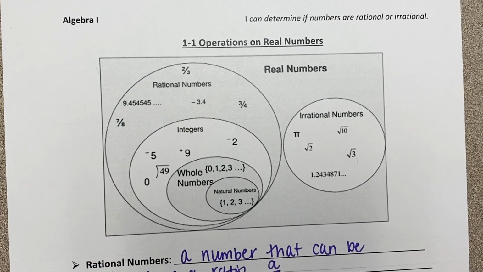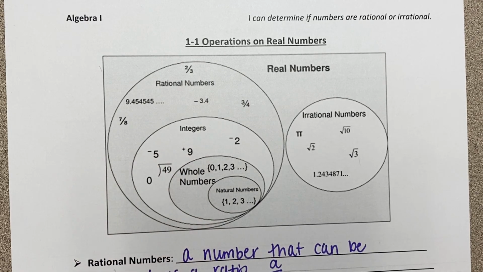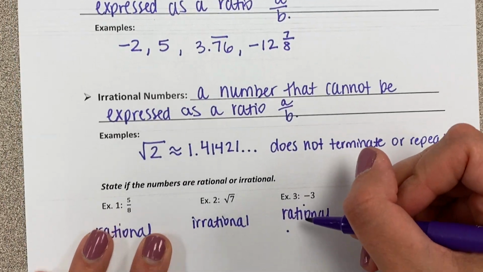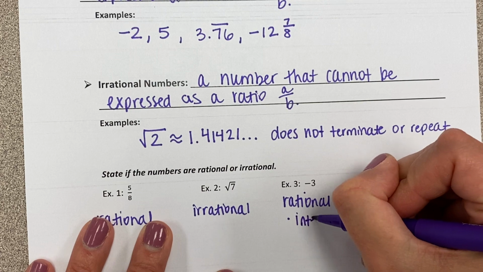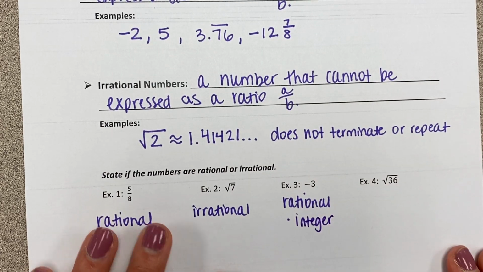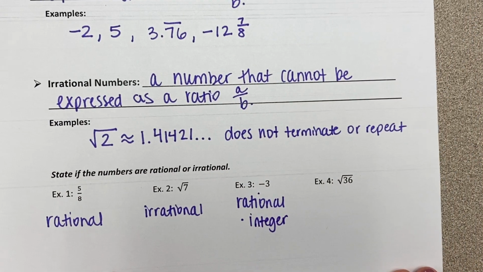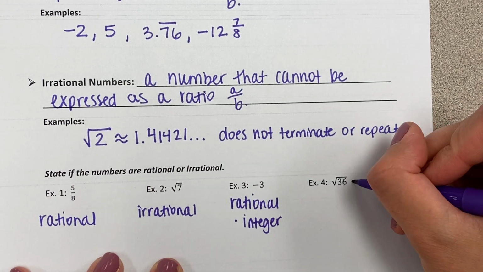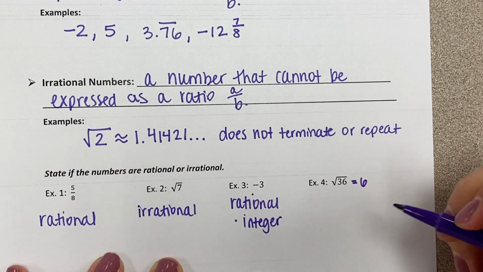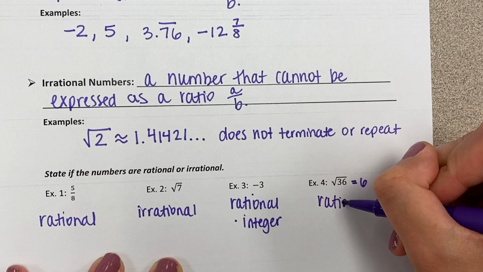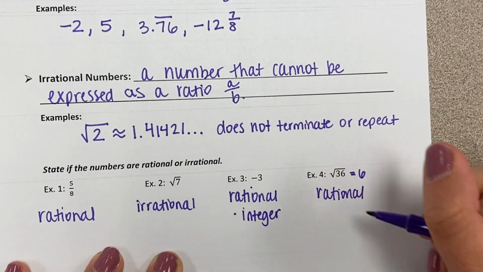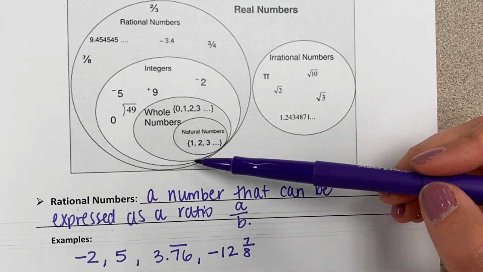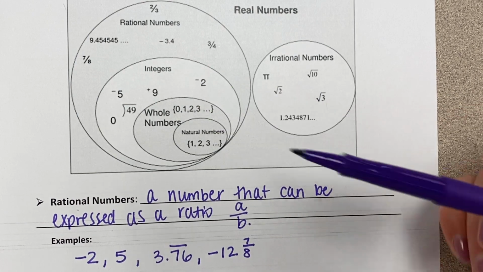The only thing it could be is an integer because it has a negative sign. Square root of 36. Well, we know that's 6, so we know that's rational. It's also natural, whole, and an integer.